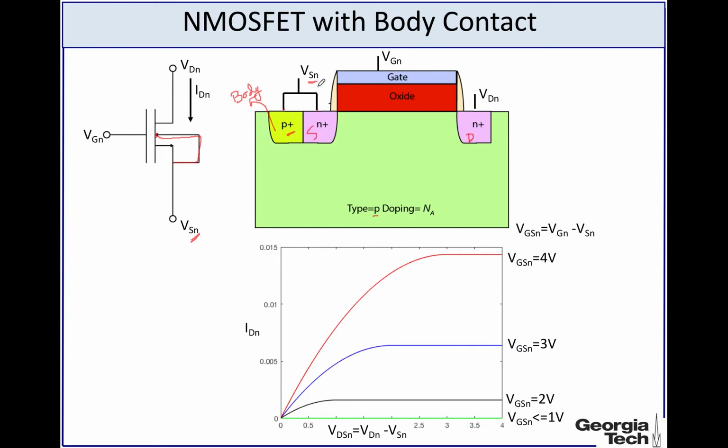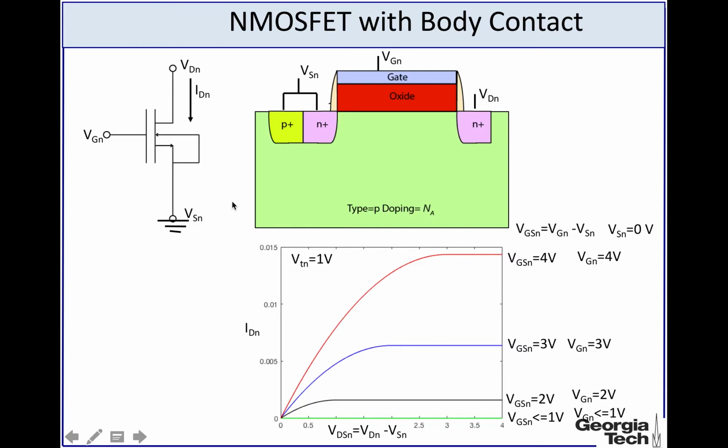Let me explain what we mean. For example, in this slide we have the source of the N-type MOSFET grounded. In other words, VSN equals 0.